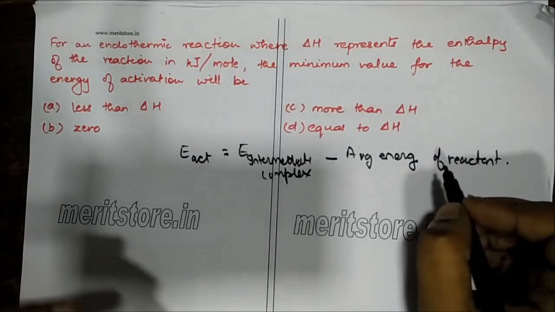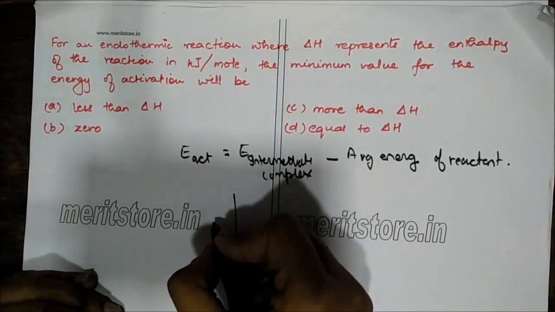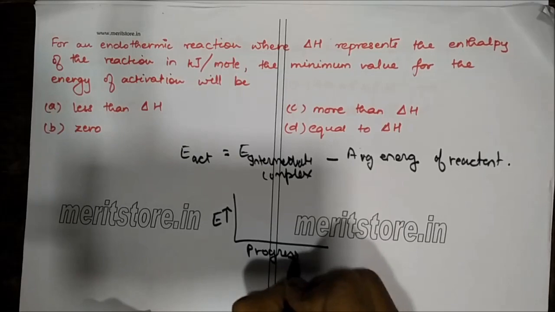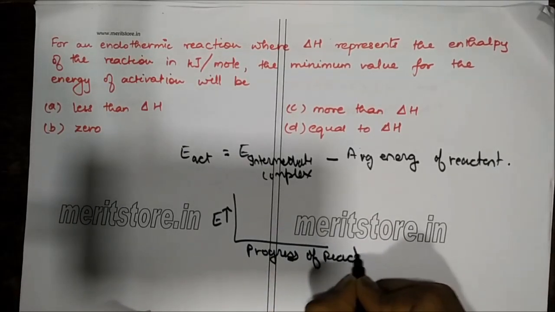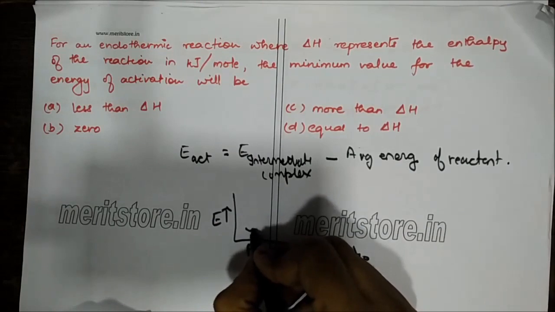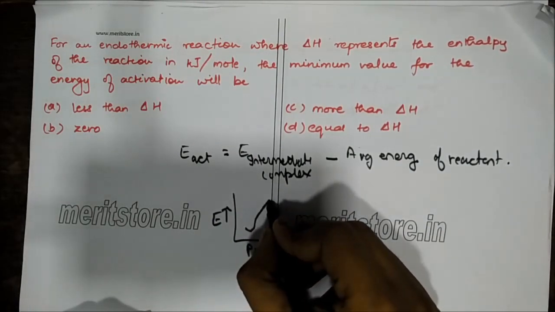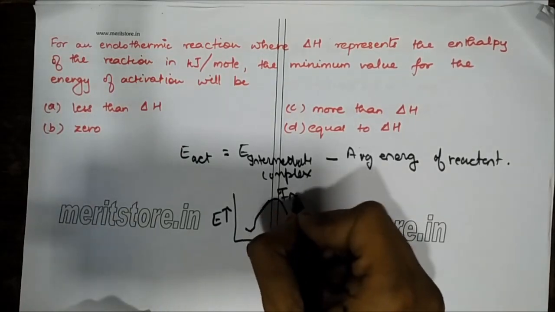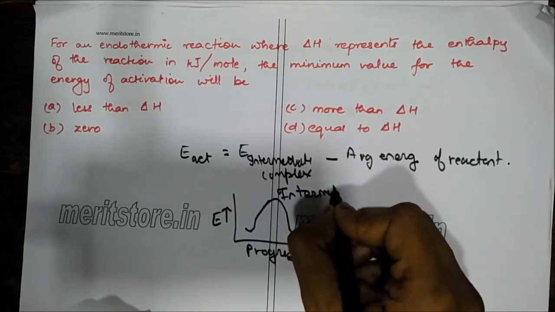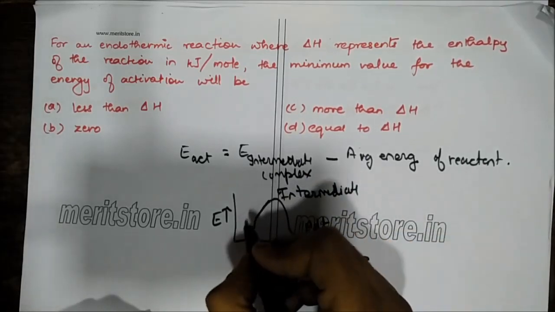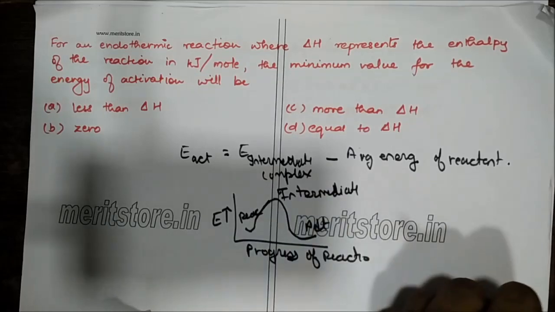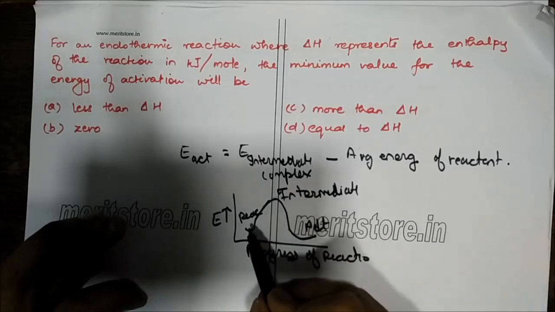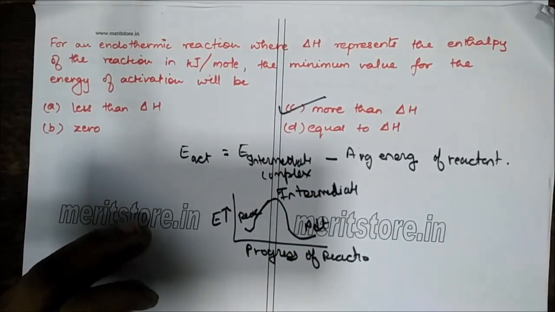Now let's suppose we plot a graph. This is increase in energy and this is progress of reaction. First your reactants energy will be here, it will go on increasing till it forms an intermediate complex, and then as it forms products, products will gain stability. So delta H we see has to be more, the energy of activation has to be more than delta H.